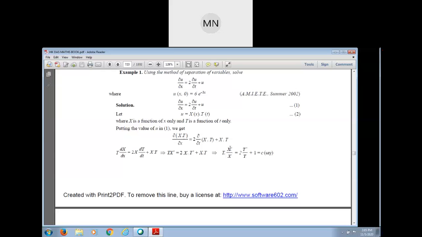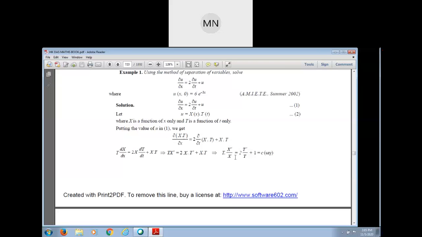Now, see that is there any term in the form of x into t? See this one. Is there any term in the form of x into t? No, ma'am.